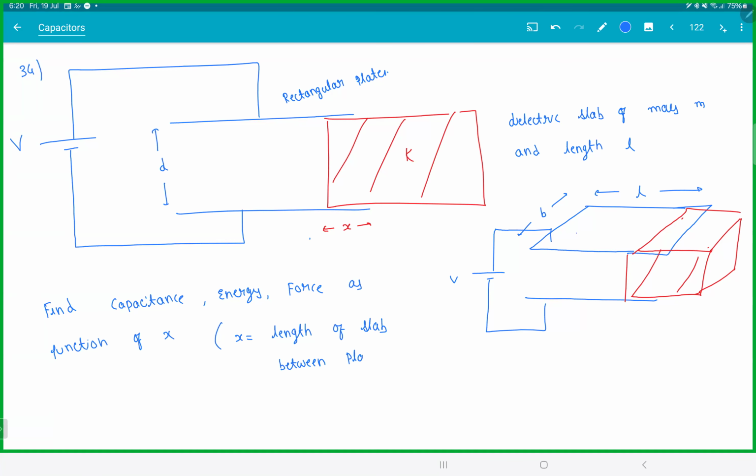When it goes exactly completely inside, it fits properly, that is L. And find the time period of oscillation by just introducing it. Find the time period of oscillations.